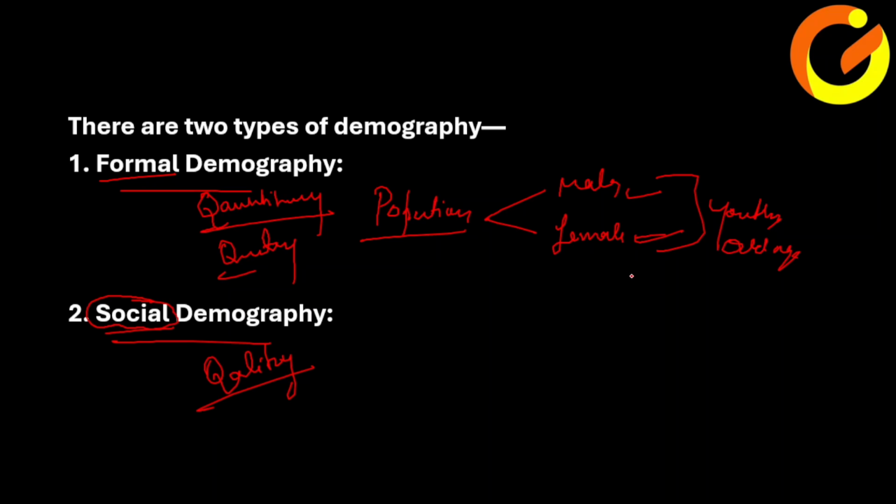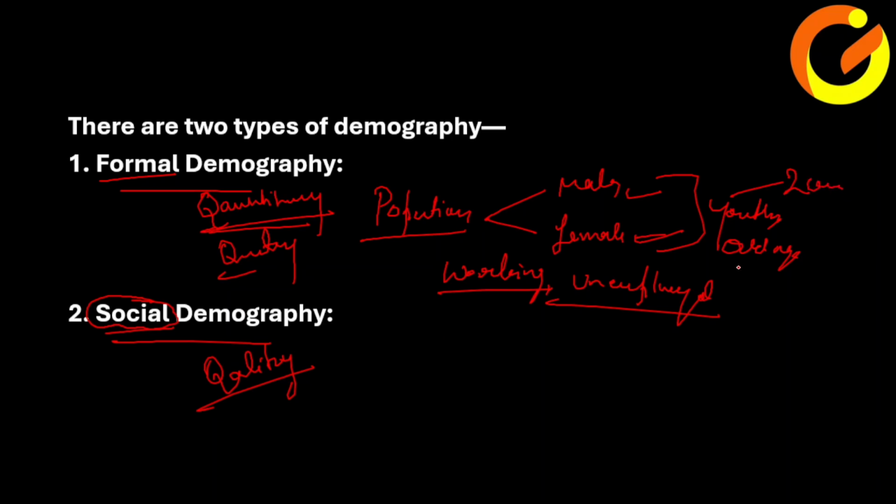You can also add more examples like the number of working people, the number of unemployed. If you collect the data in a quantitative way, for example 2 crore youths are there and 2 crore old people are there, and an unemployment rate of 6.1%. These are all quantitative data, and whatever we collect is formal demography.